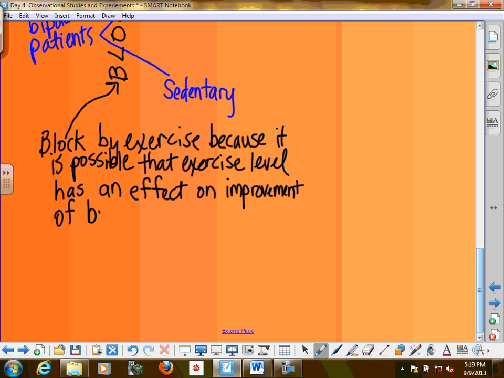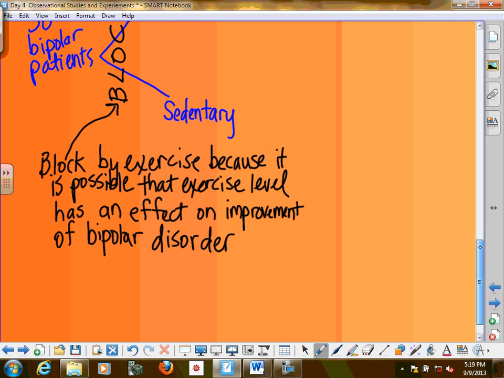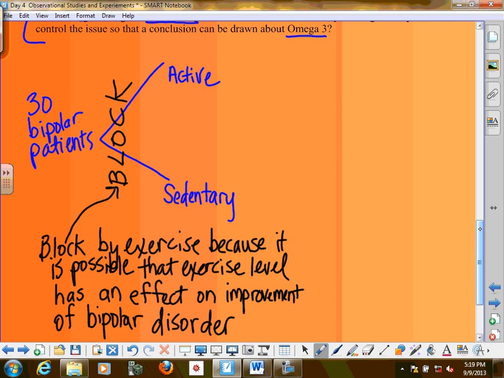Okay, so again, the improvement of the bipolar disorder. So again, you are blocking because you think that is confounding the issue, and you cannot tell if improvement is because of the medicine or because of the exercise. That is why you choose your block.